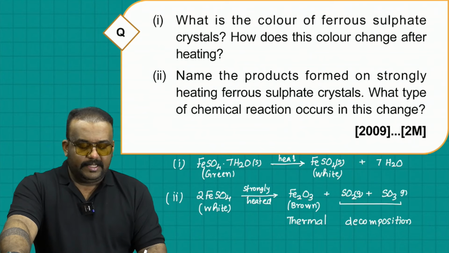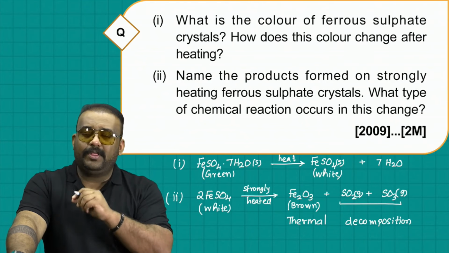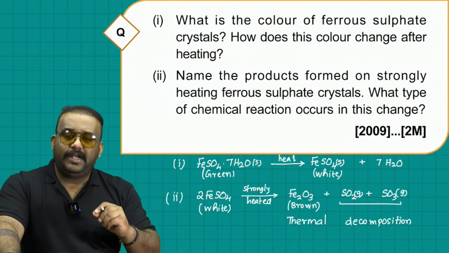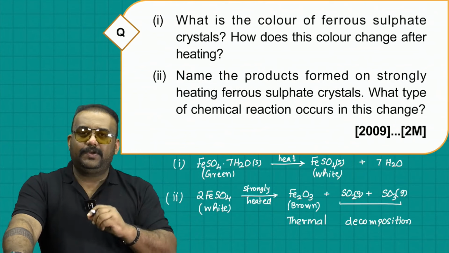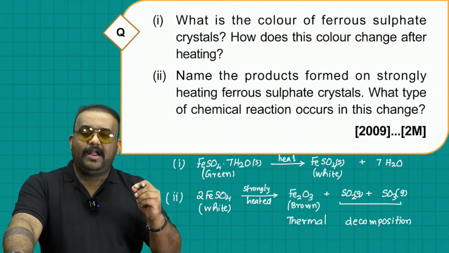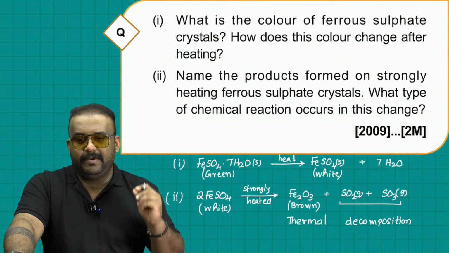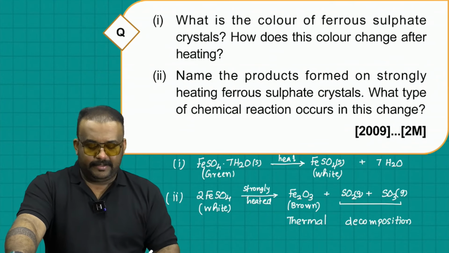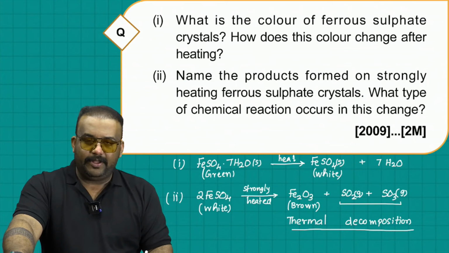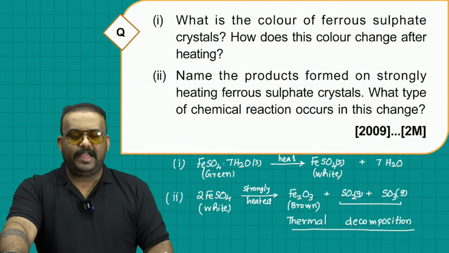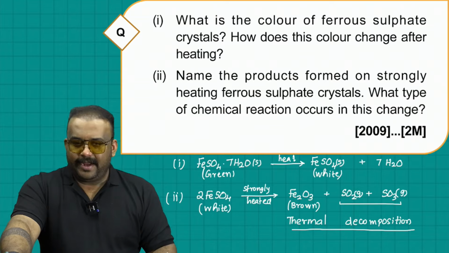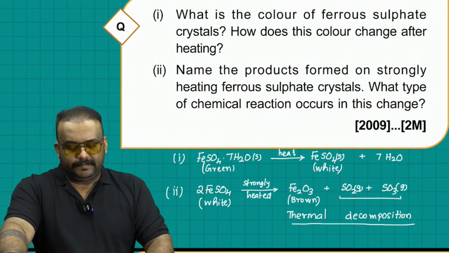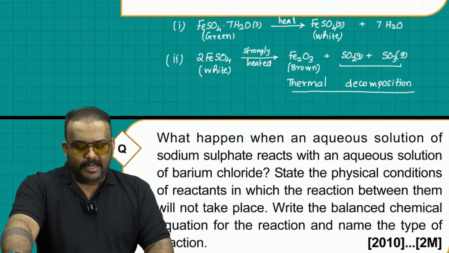That means if you bring a wet blue litmus paper near the mouth of the test tube, it will turn red because SO2 and SO3 are acidic gases and they have a burning sulfur-like smell. So these are the observations that we see during this reaction and it belongs to the thermal decomposition reaction category. Clear, right? Great. So let's move on to the next question.